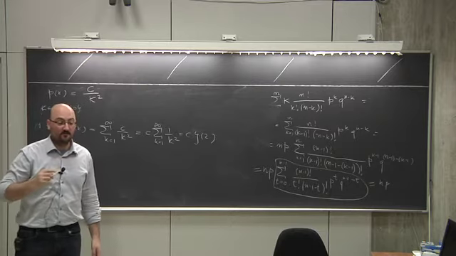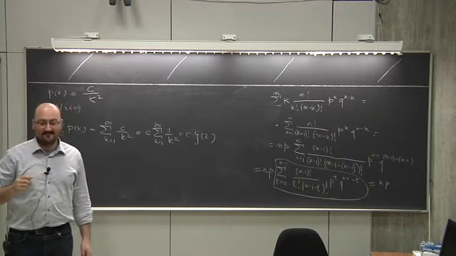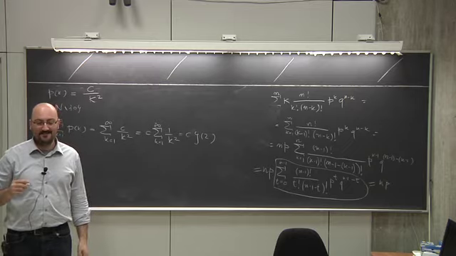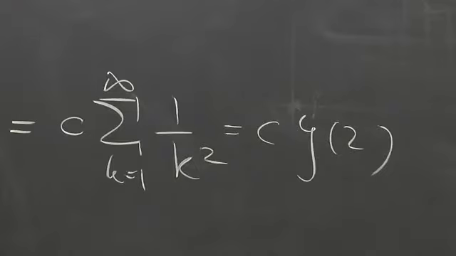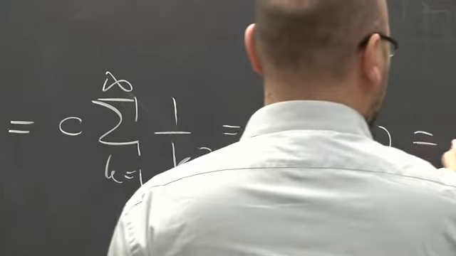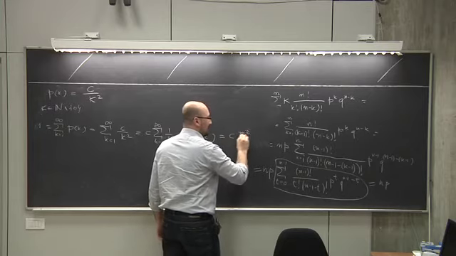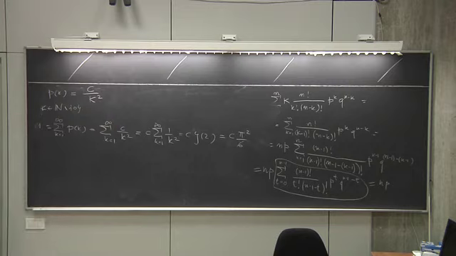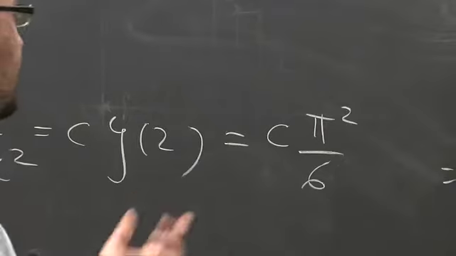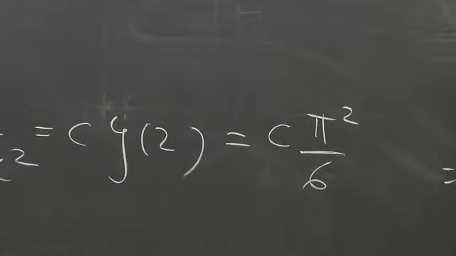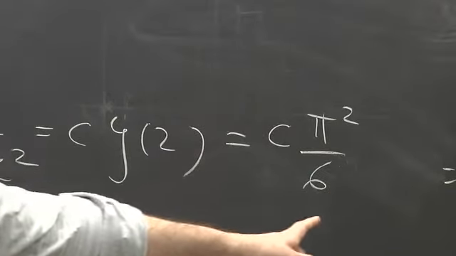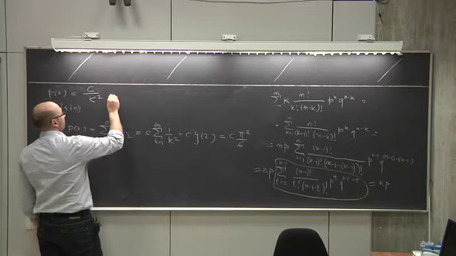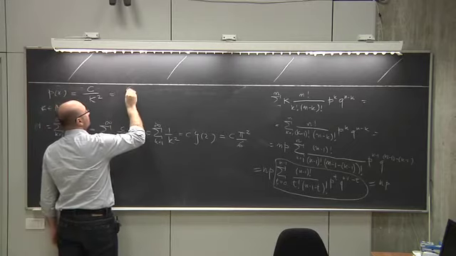So do you know zeta 4? Pi to the 4 over 90. Very good. You know your zeta functions very well. So C is equal to 6 over pi square.